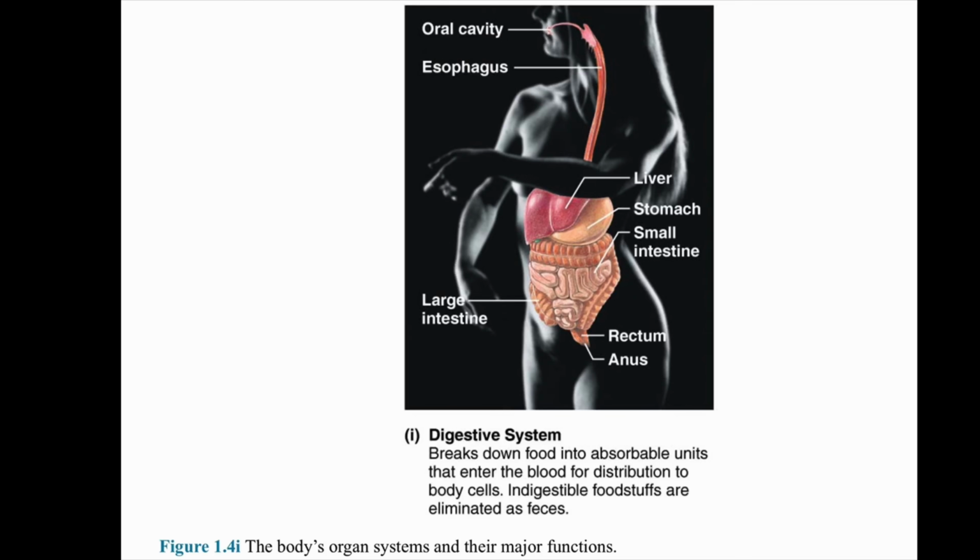Some functions are it processes and digests food, absorbs and conserves water, because of course we're terrestrial organisms, so we need to conserve water or else we desiccate. Absorb nutrients such as ions, water, and also the breakdown products of dietary sugars, proteins, and fats, and stores energy reserves.